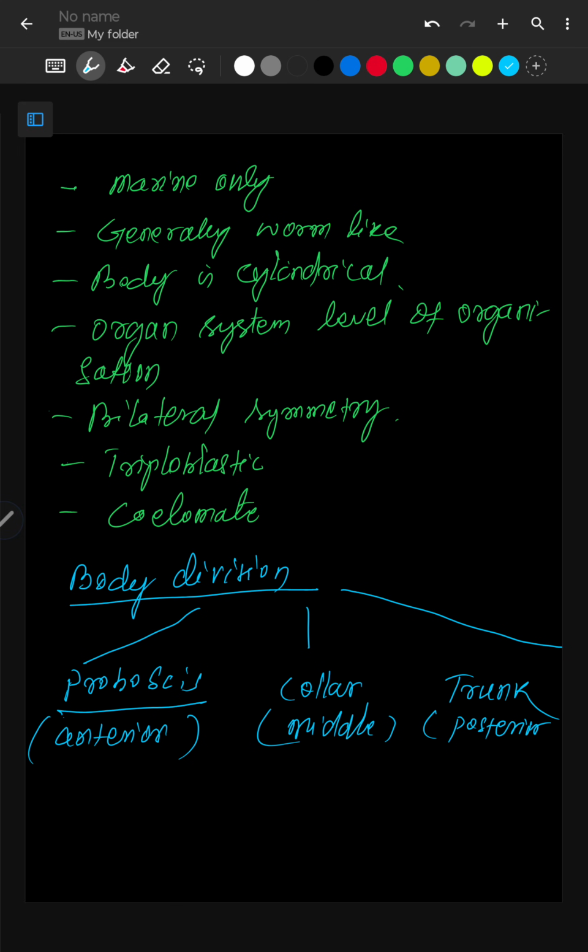Okay, now let me discuss one by one. First is proboscis. The proboscis, as I said, is the anterior most region and it helps in burrowing the sea bottom and obtaining food.